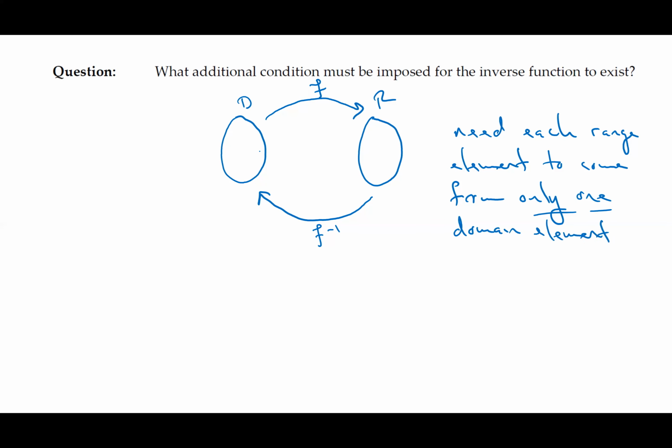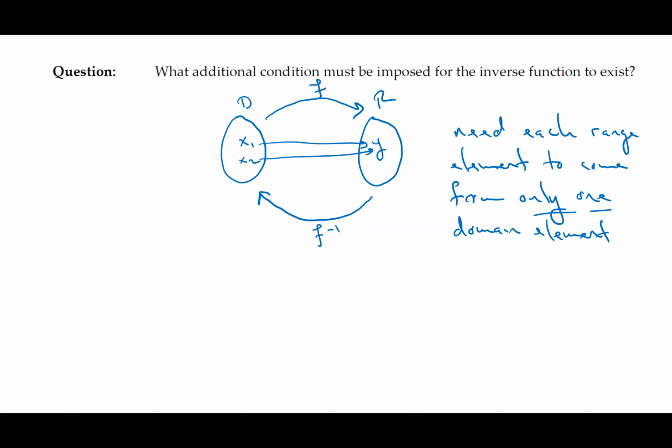You see, if I had this situation, whoops, I'm sorry. If I had, say, an x1 and an x2, and I have a y, I could have x1 and x2 going to the same output. That's okay, right? That would still be a function.